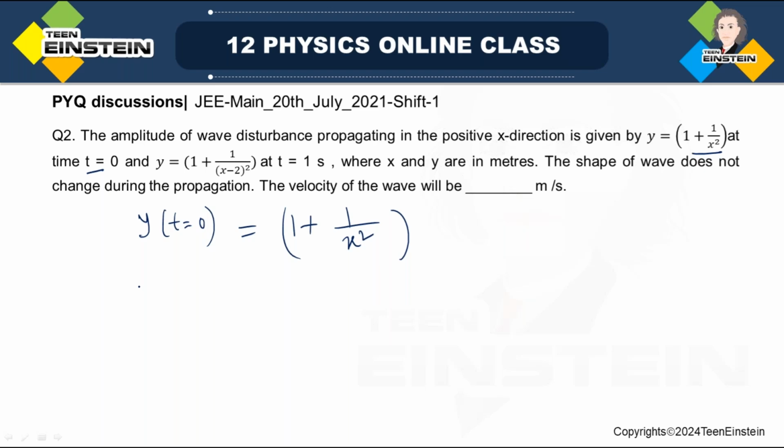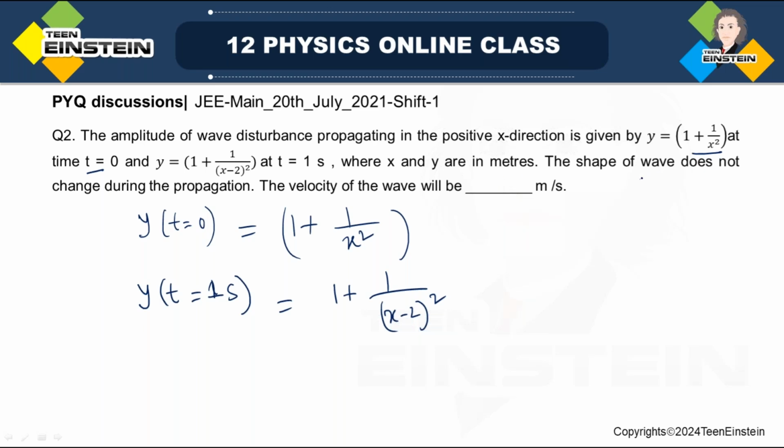Again, the amplitude of the disturbance at time t equal to 1 second is given by 1 plus 1 over (x minus 2) whole square. Here x and y are in meter, that means distances.